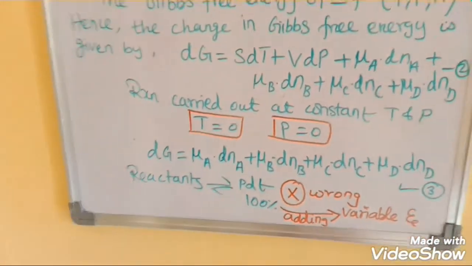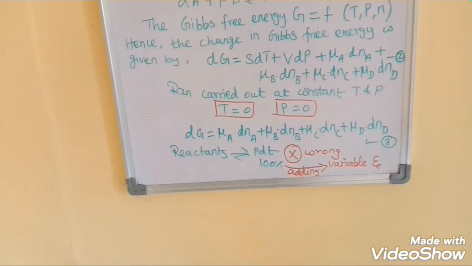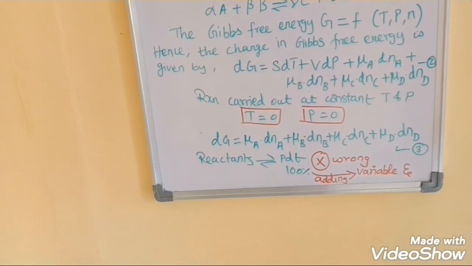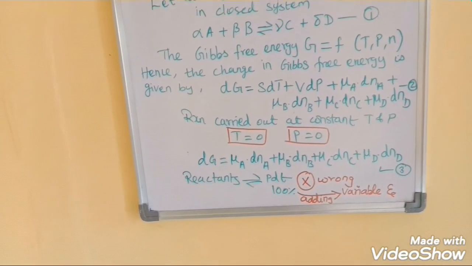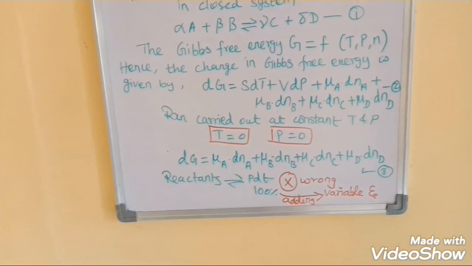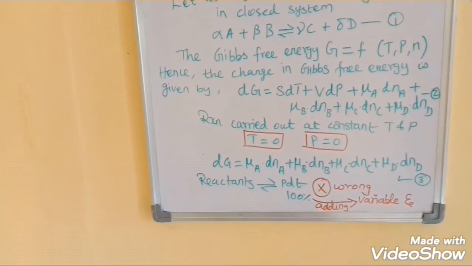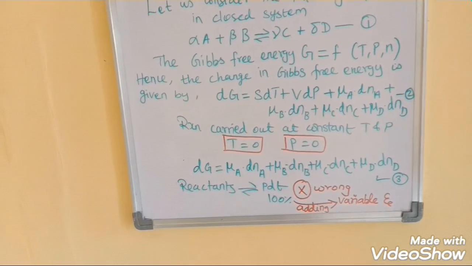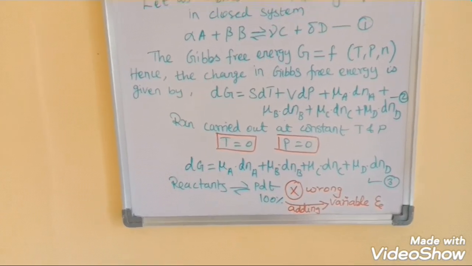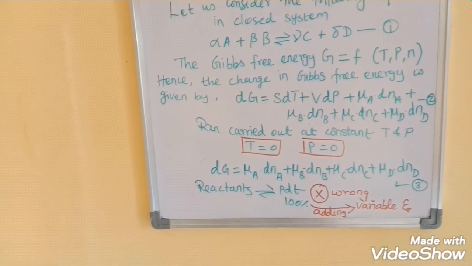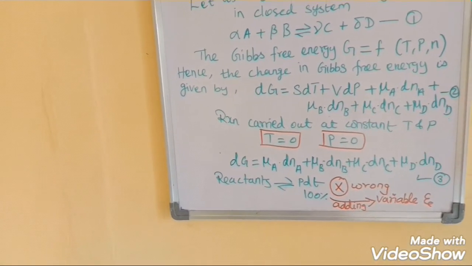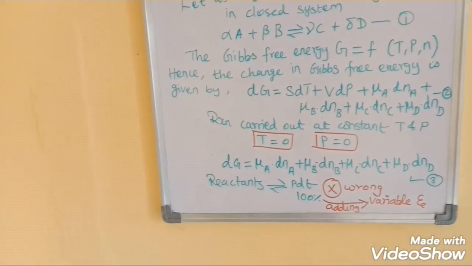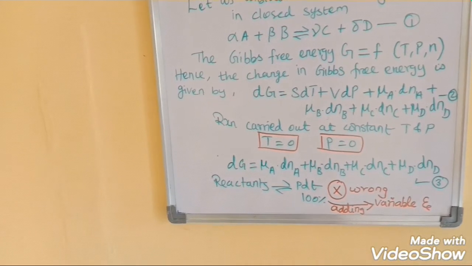After that, we already knew: suppose alpha moles of A completely react with beta moles of B to give gamma moles of C and delta moles of D. Generally the concept is that all the moles of the reactants get converted into products, 100% converted into product.